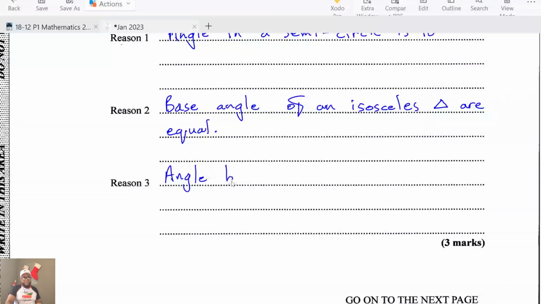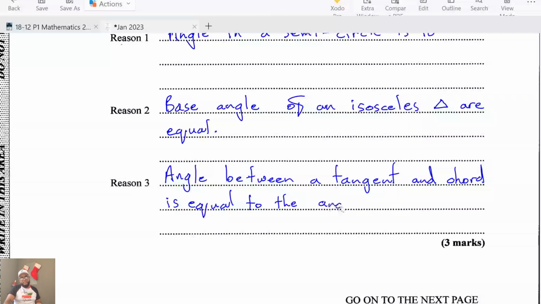Angle between a tangent and chord is equal to the angle in the alternate segment.